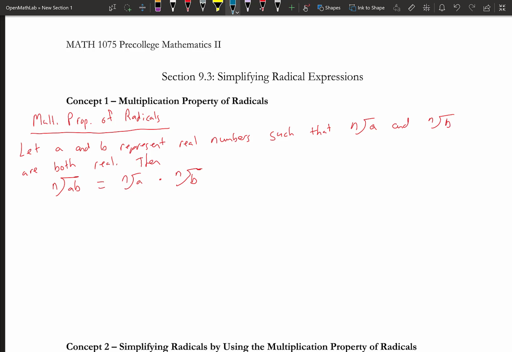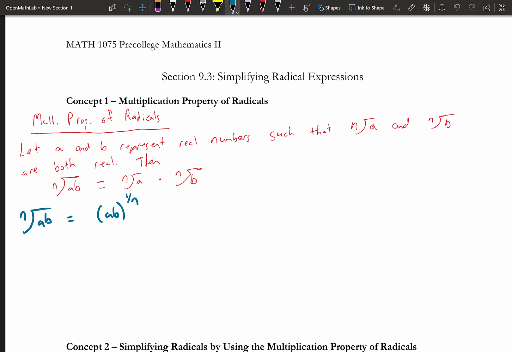You might wonder, well, how is that true? I can actually show this using rational exponents and exponent rules. The nth root of AB would be the same thing as A times B all to the power of 1 divided by n.